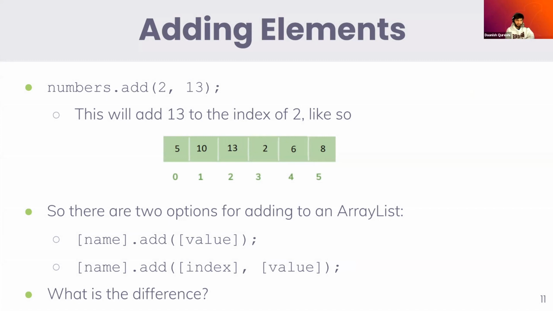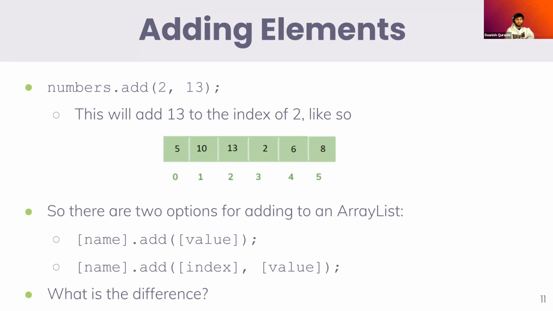Perfect. And just to recap, the syntax for adding has two options: you have the name dot add and the value, for adding onto the end, or you have the name dot add, the index, and then comma the value. So there are two different ways of adding something to an array list.